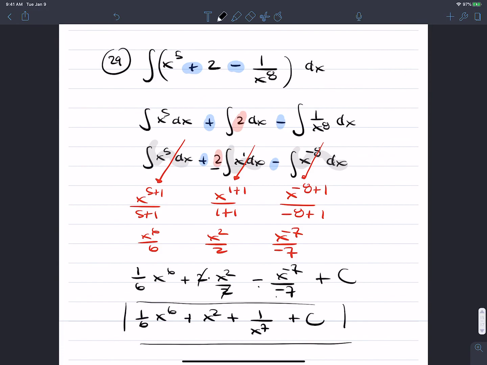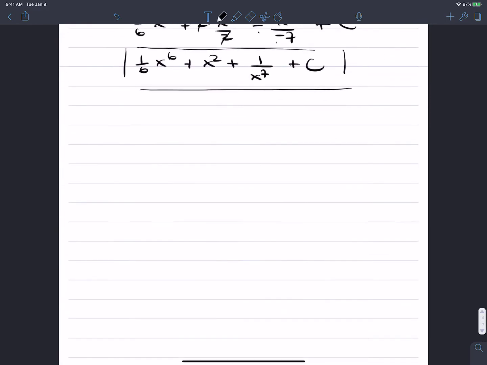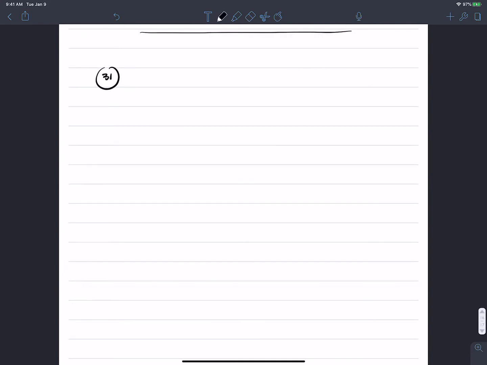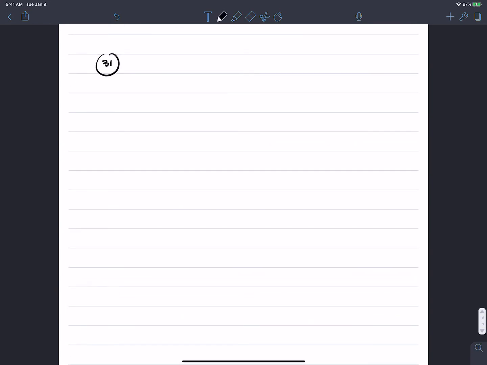This is 29. We have the integral of 6 cosine x plus 2 sine x dx.